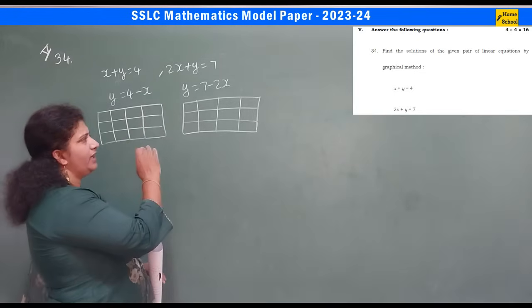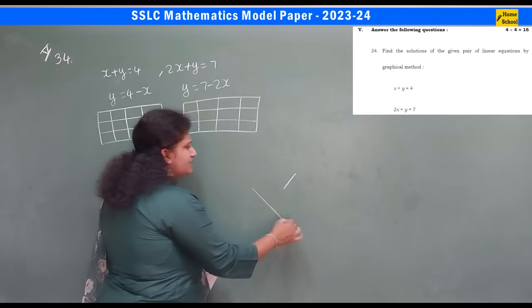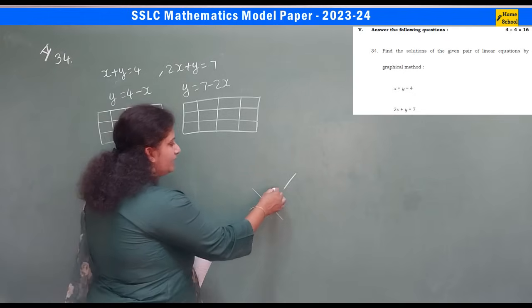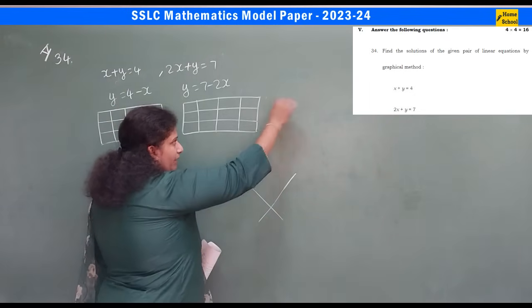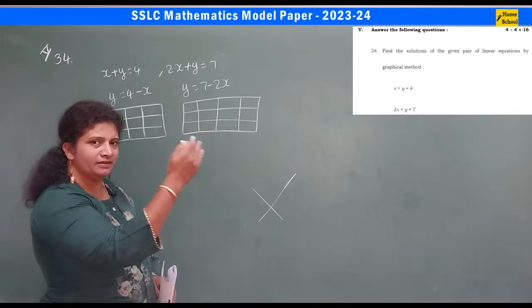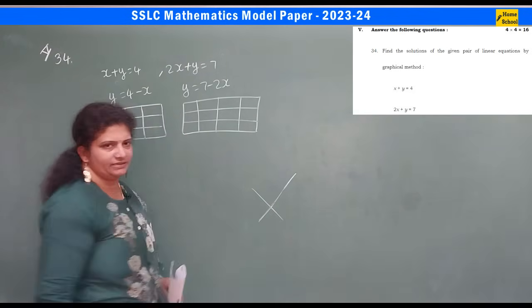If your lines are not intersecting graphically, make sure to think of another number and continue your line. Make 2 or 3 columns extra by taking other numbers and try to extend your line to intersect.